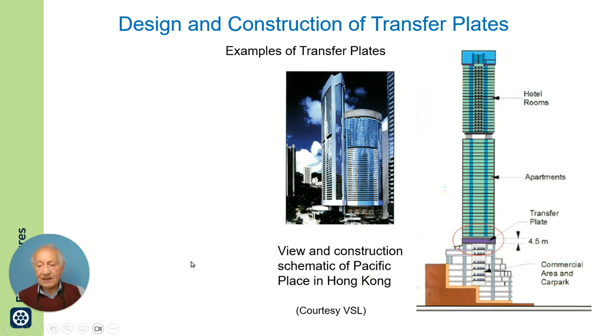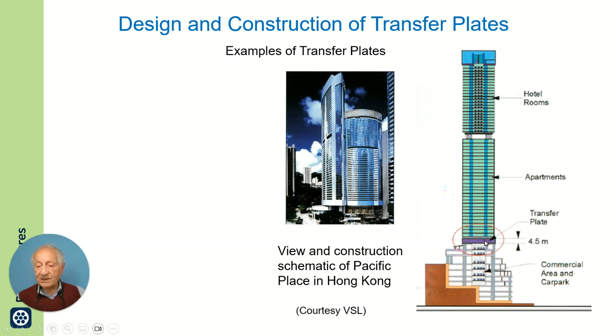This is an example in Hong Kong where the transfer plate is supporting commercial and parking structure below, with a support layout which is farther apart than the levels above the transfer plate.